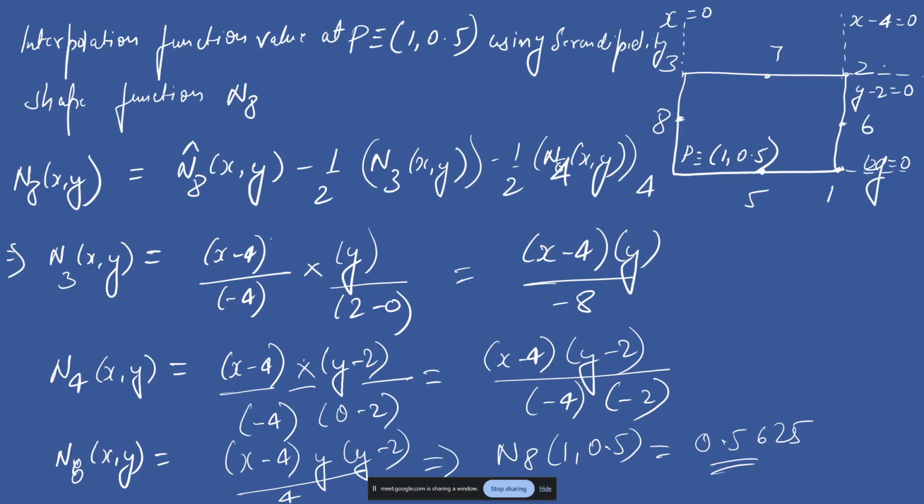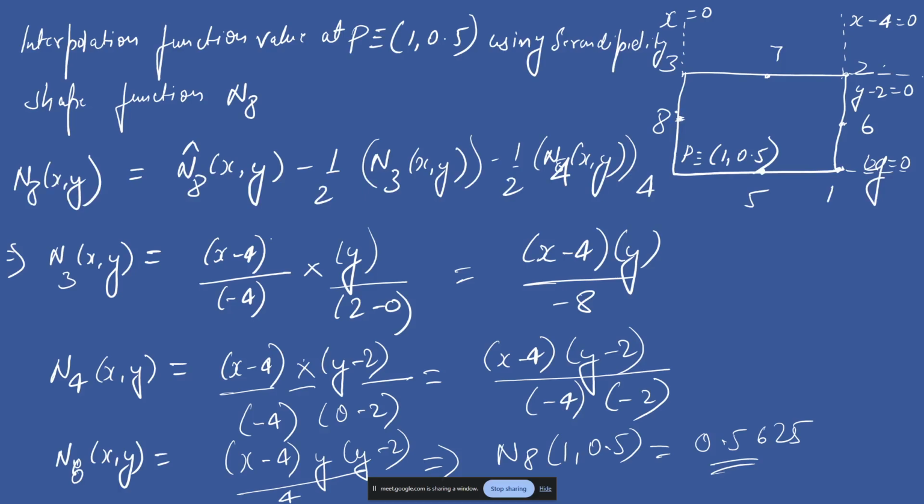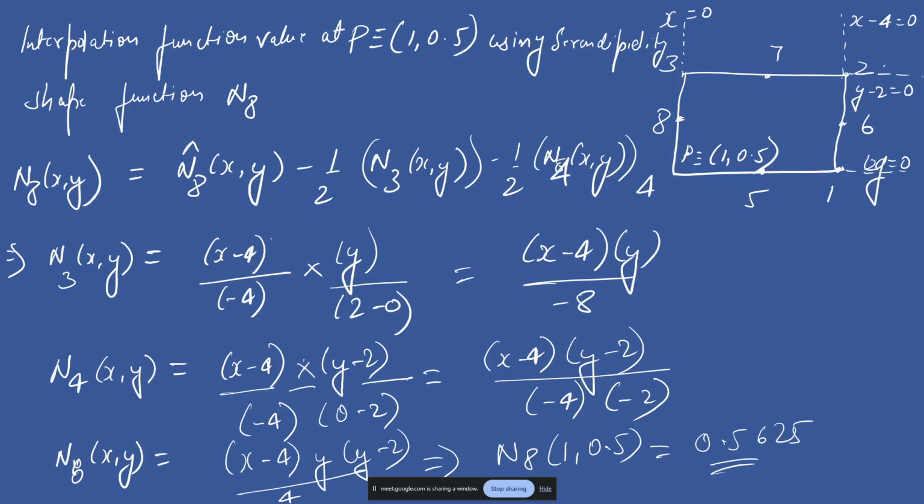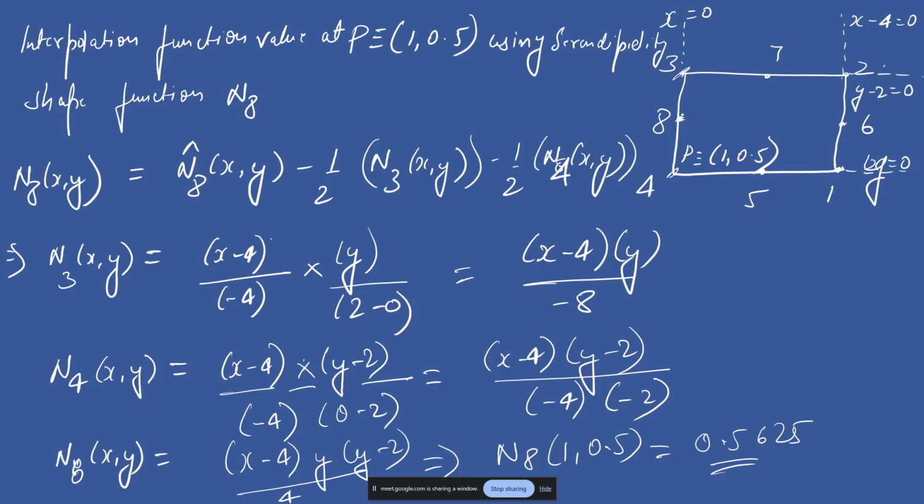So it's simple. In the serendipity family function, first you need to calculate the interpolation function. For example, if you want to use the serendipity family function for node 8, in that case you need to first evaluate what is the Lagrangian interpolation function at node 3, Lagrangian interpolation function at node 4, and accordingly you can determine the interpolation function value using the shape function N8 x comma y.